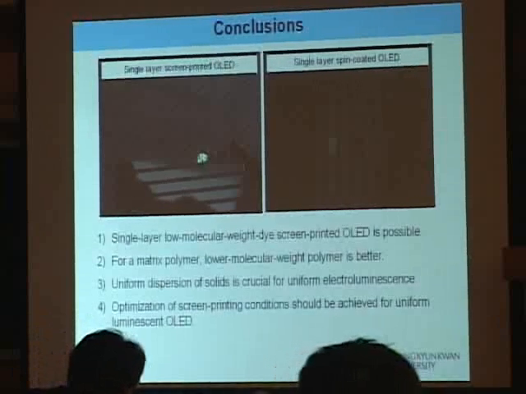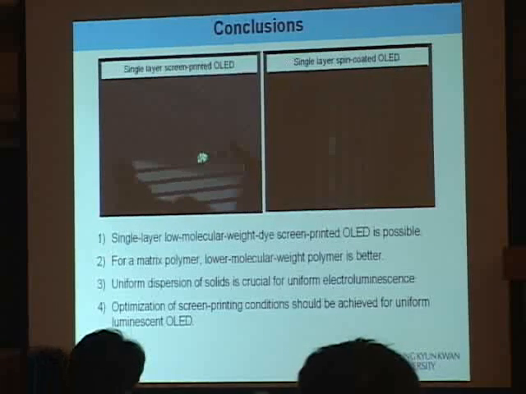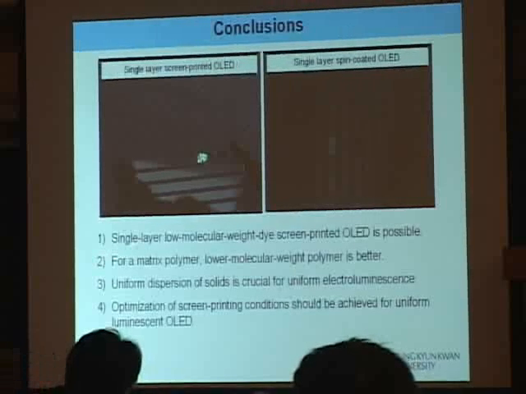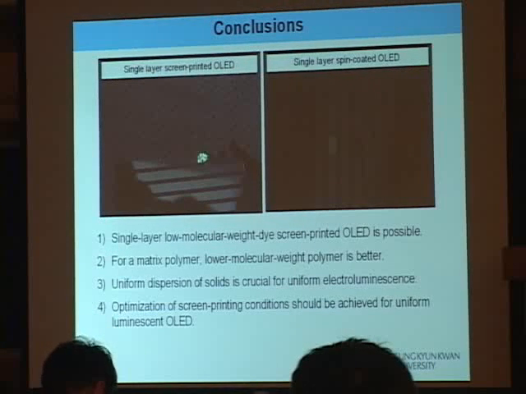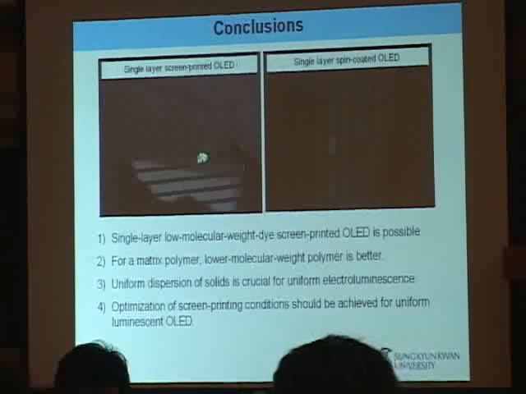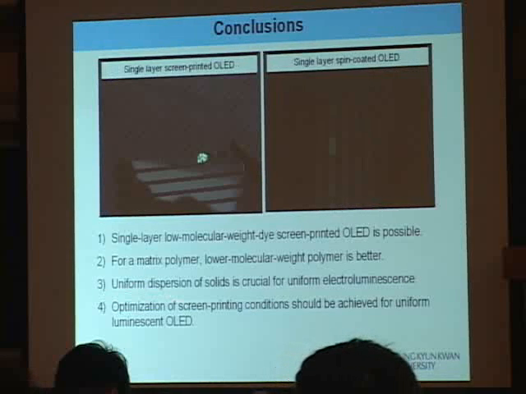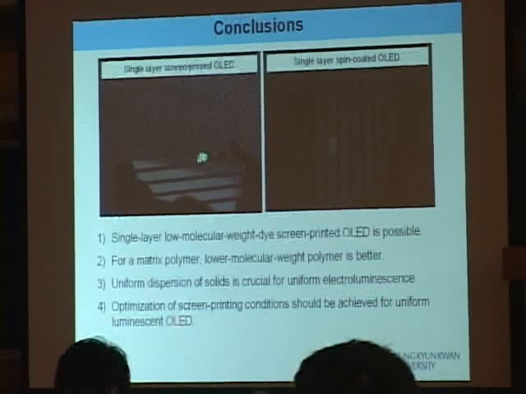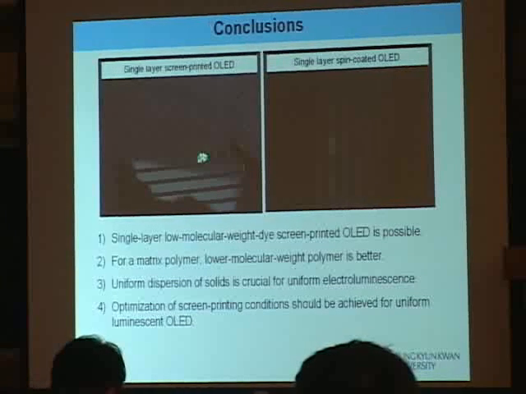So I can draw some conclusions. A single-layer low molecular weight dye screen-printed OLED is possible, and for a matrix polymer, lower molecular weight polymer is better. Uniform dispersion of the solid is crucial for uniform electroluminescence, and optimization of screen printing conditions should be achieved for uniform luminescence.